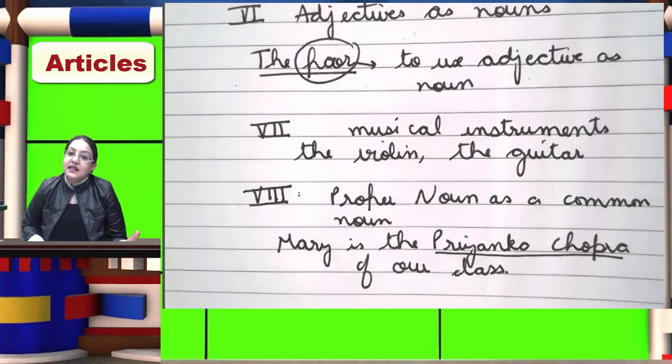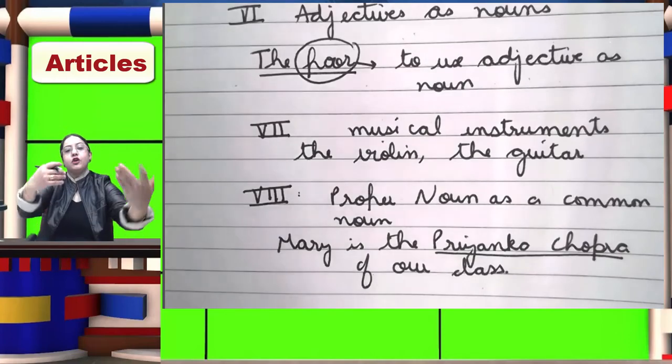A and an are indefinite articles because whenever we are using these articles, they are not defining the object that we are talking about. Whenever we are using a or an, we are talking about an object in general, not any definite object.